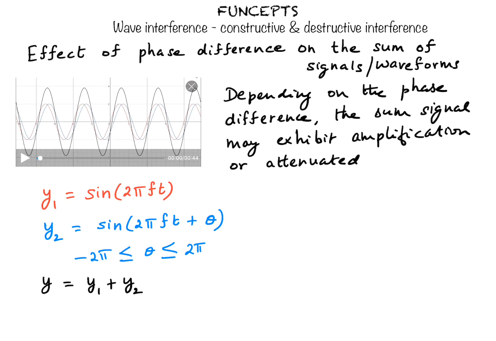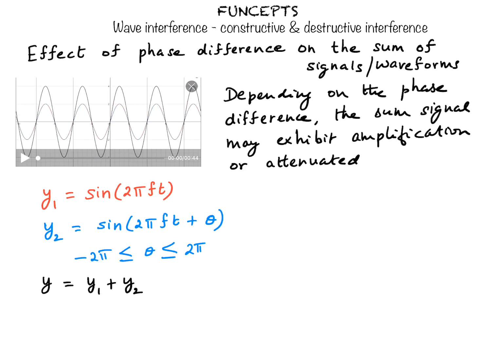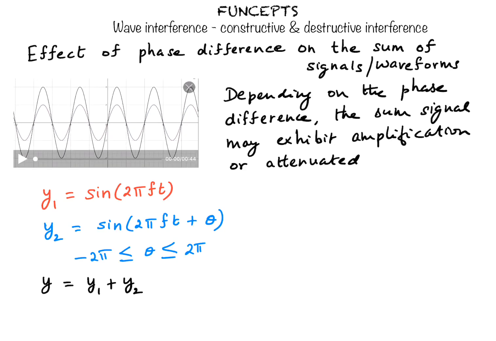What we will see is, when the two added signals have zero phase difference between them, as in this case, they are perfectly aligned with each other, and the sum waveform has maximum amplitude.